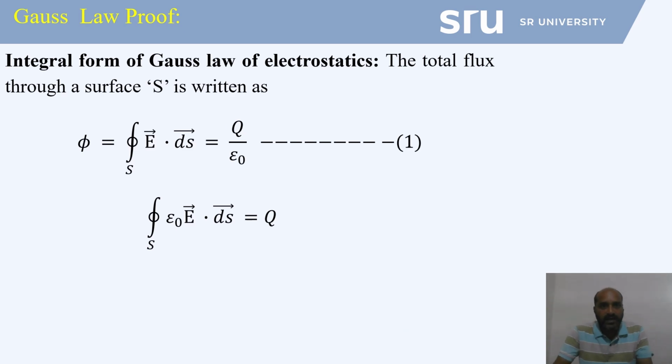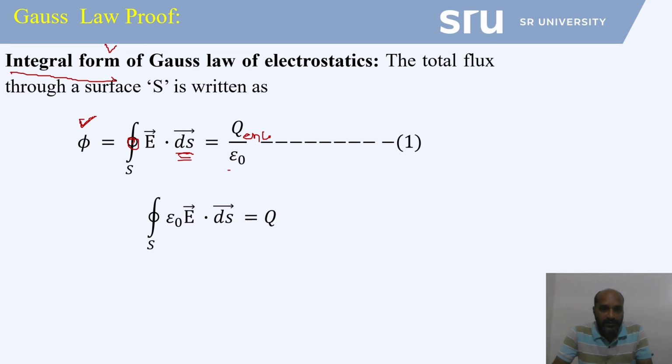But before that, we'll write this Gauss law both in integral form as well as in differential form. So first we'll go with the integral form of Gauss law. If you see the previous equation, we already gave this equation in the previous slide. The total flux through the closed surface is equal to 1 by epsilon naught times the enclosed charge.